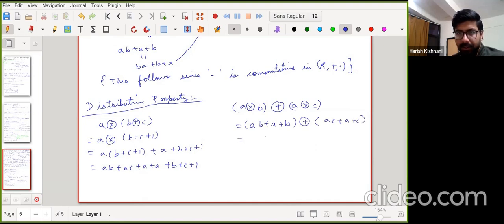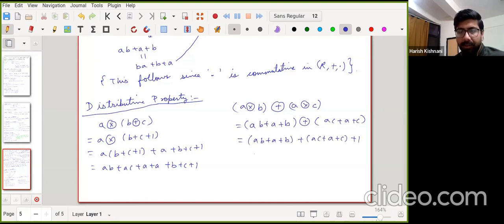And adding the first element, then the second element, and then 1. So this is the same as AB plus A plus B plus AC plus A plus C, and then you have 1 in the end.